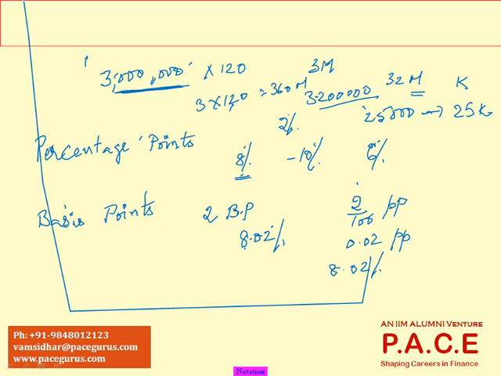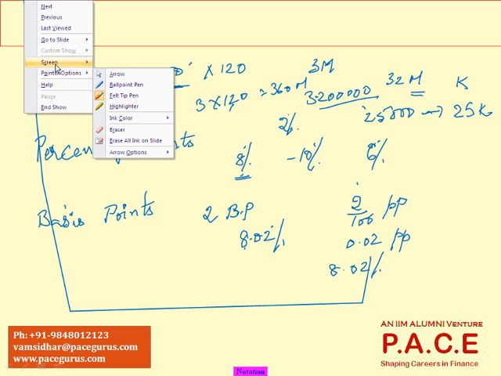But if you are given basis points and you have to convert them into percentage points, divide by 100. To an existing percentage, you can add only the percentage points itself. So if the question is given in basis points, convert it into percentage points by dividing by 100 and then add it to the existing percentage. That's one more aspect you have to be pretty comfortable with.